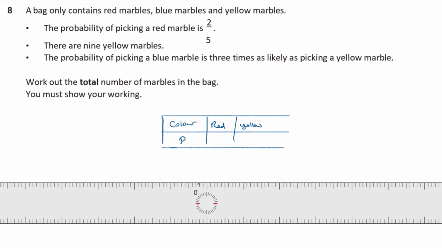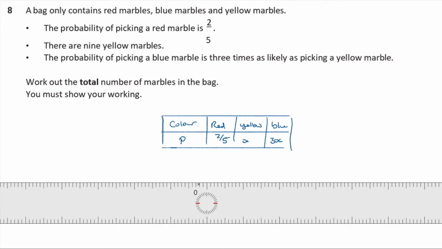What's the other colour? Blue. Okay. So we know the probability of picking red is 2/5, and we know that the probability of picking a blue one is 3 times as likely as picking a yellow one. So if we said let the probability of picking a yellow one be x, then the probability of picking a blue one would be 3 times as much. It would be 3x, wouldn't it?